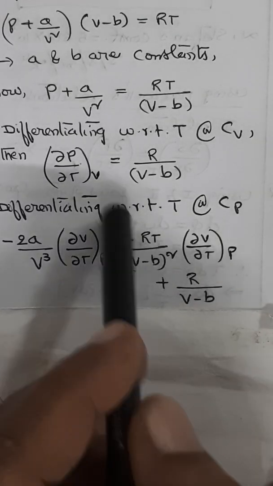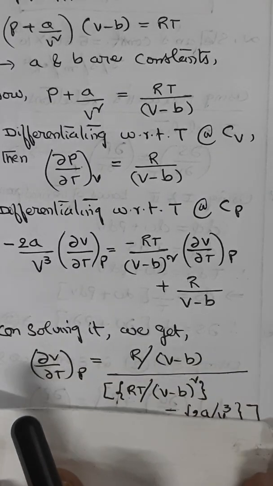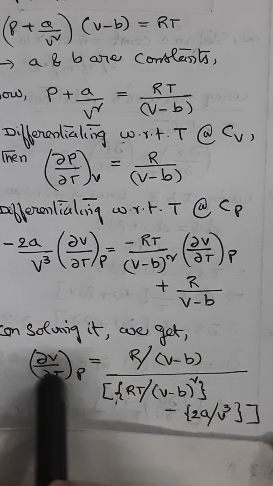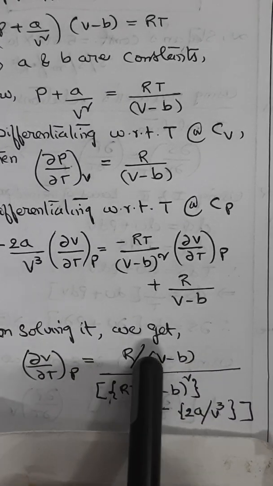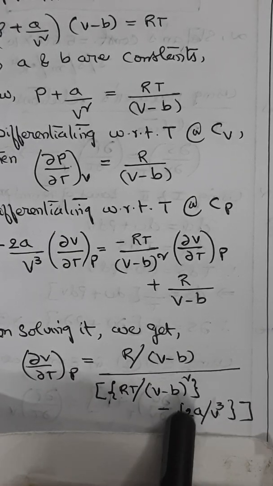So by solving it, we will get it simplified as ∂V/∂T at P will become R by (V minus B) divided by [RT by (V minus B) whole square minus 2A by V cube].